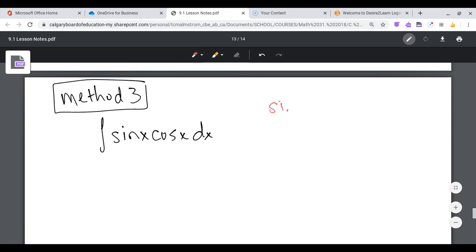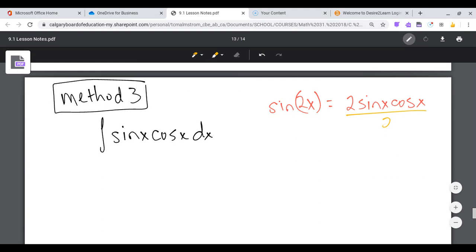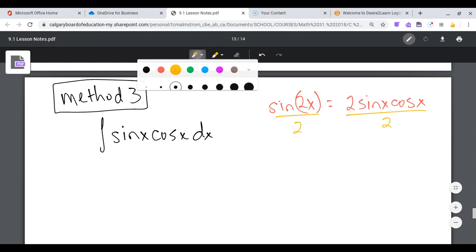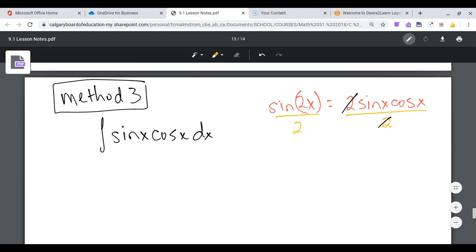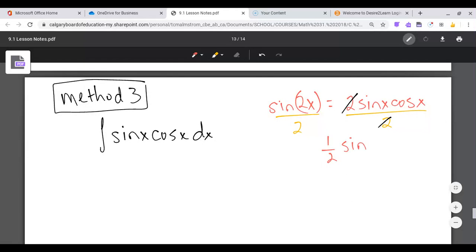I know that sine 2x is equal to 2 sine x cos x, but I just have sine x cos x. I have no 2 in the front. So if I divided the 2 to the other side of the identity, then I would get a match. Okay, so this would be 1/2 sine 2x is equal to sine x cos x.